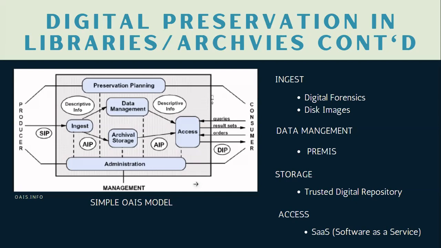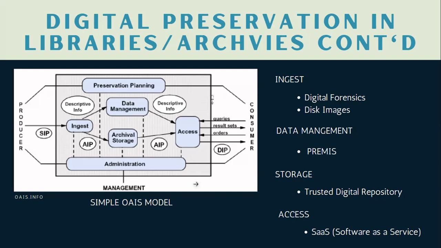It's also available online for you to do a self audit on your systems to see what you haven't thought about or how you're faring. You don't have to go through the exhaustive process of trying to become a trusted digital repository because that's not feasible for every institution.